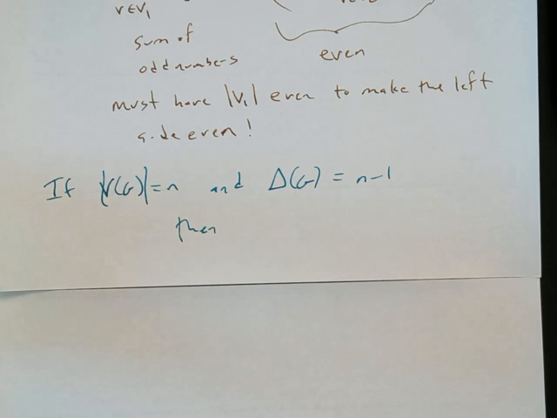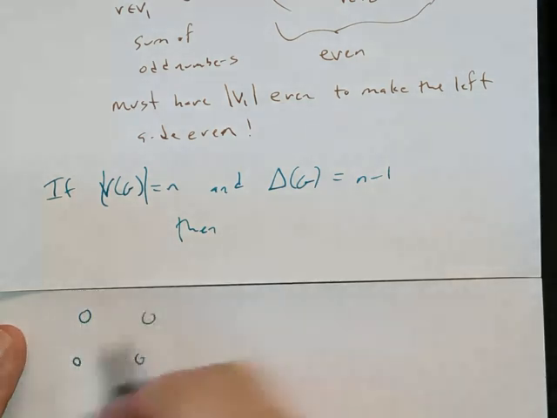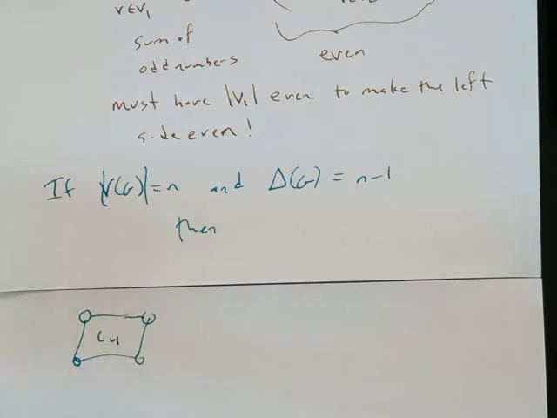Actually, I can guarantee you that's not true. Because a cycle is a loop, right? So here's a cycle of 4. What's a cycle of 4 look like? Maximum degree, there's 2.